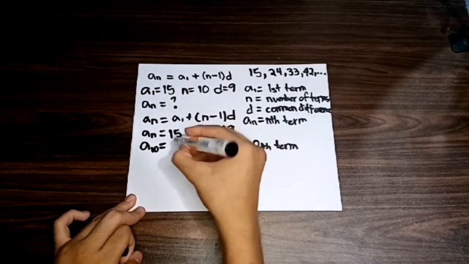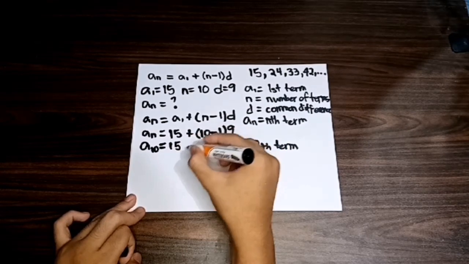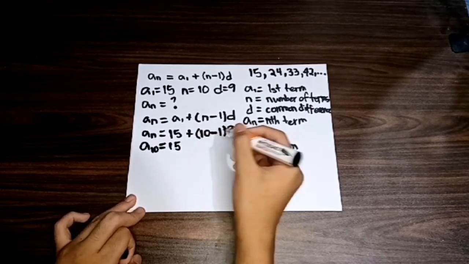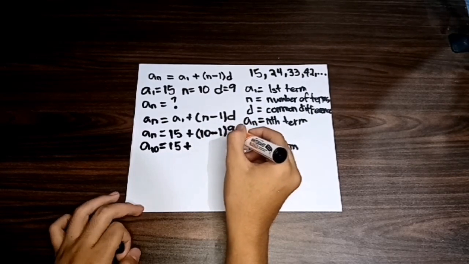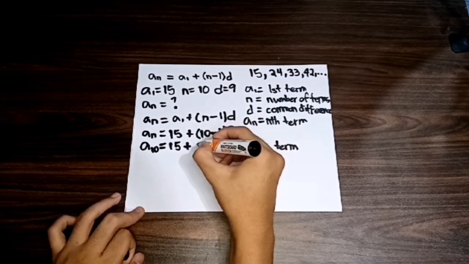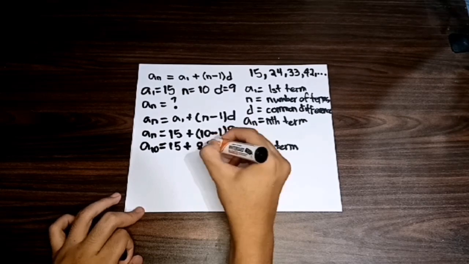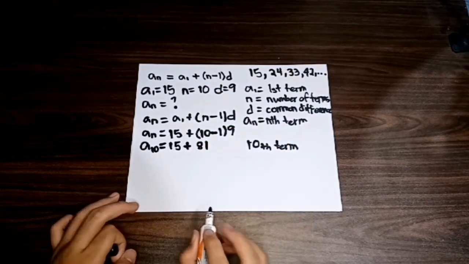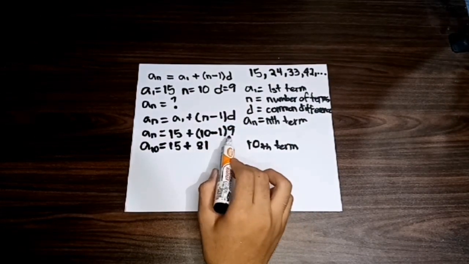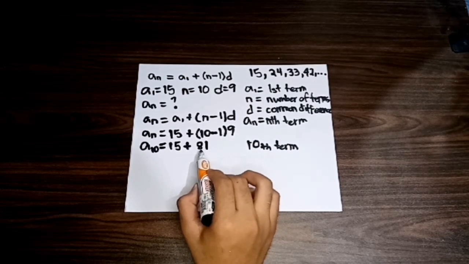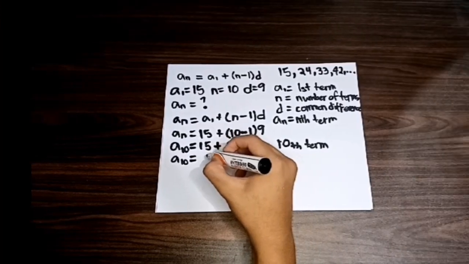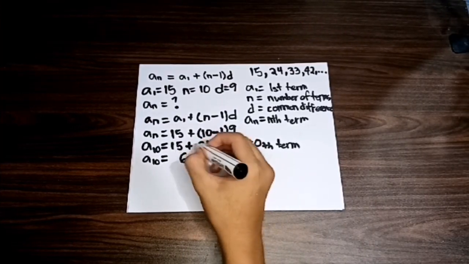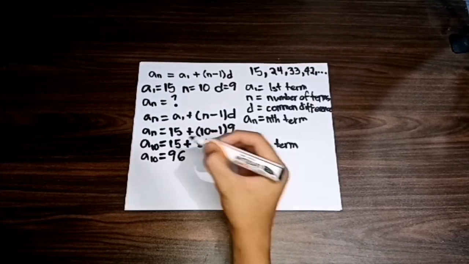So, let's simplify the formula. Let's bring down 15. 10 minus 1 is equivalent to 9, and 9 times 9 is equivalent to 81. So 81 plus 15 is equivalent to 96.